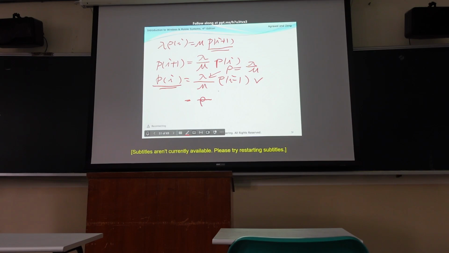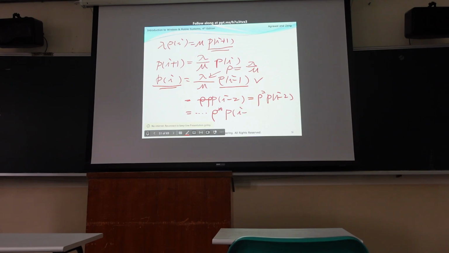It's rho, but this one equals rho again, it's i minus 2. So we have rho squared p_{i-2}. And you can continue. So it should be i minus i, so we have rho^i p_0.